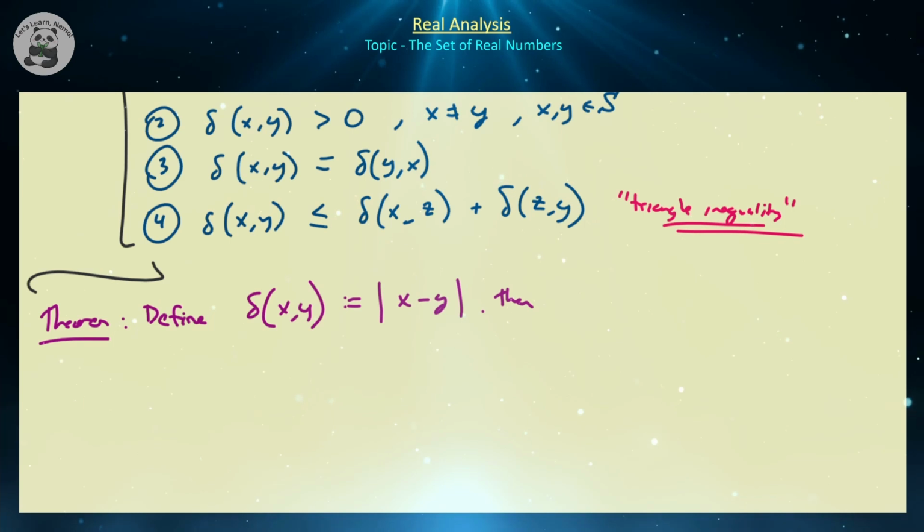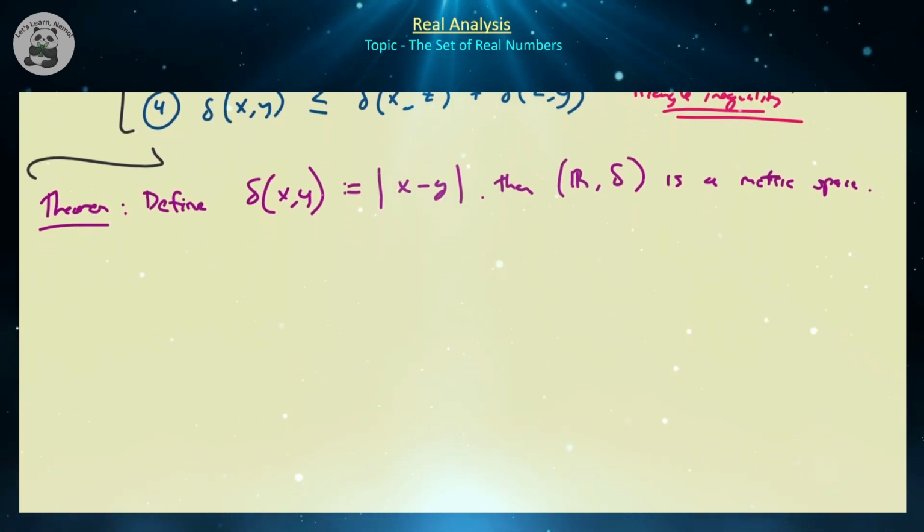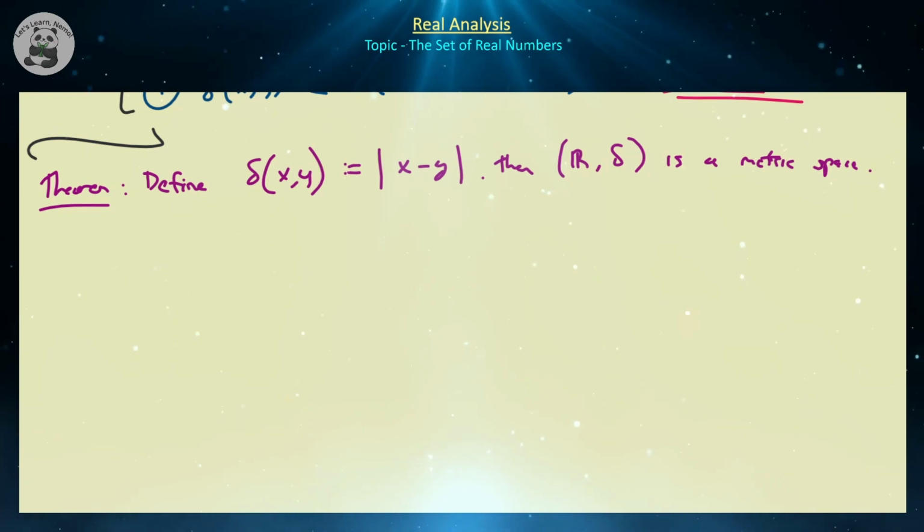Then, if we define this function this way, the set of real numbers paired together with this function is indeed a metric space. So we already know that R is a set and it's well defined, at least axiomatically. So all we need to do is show that this function delta satisfies those 4 properties of a metric. And if it does, then we have that R delta is indeed a metric space.